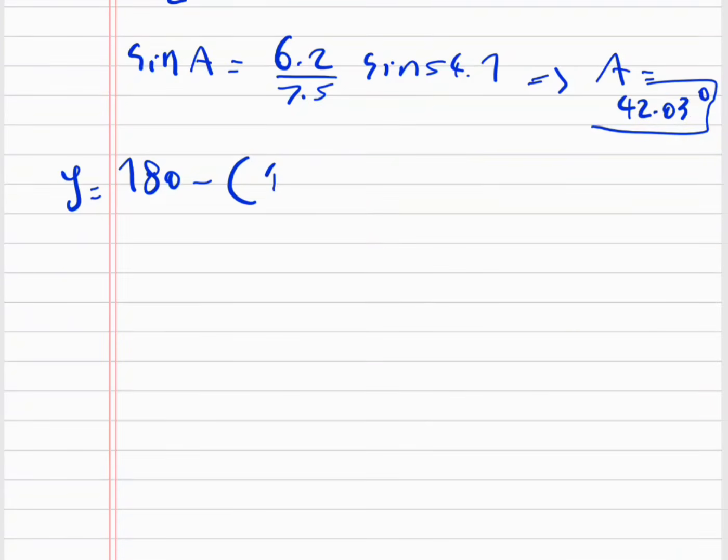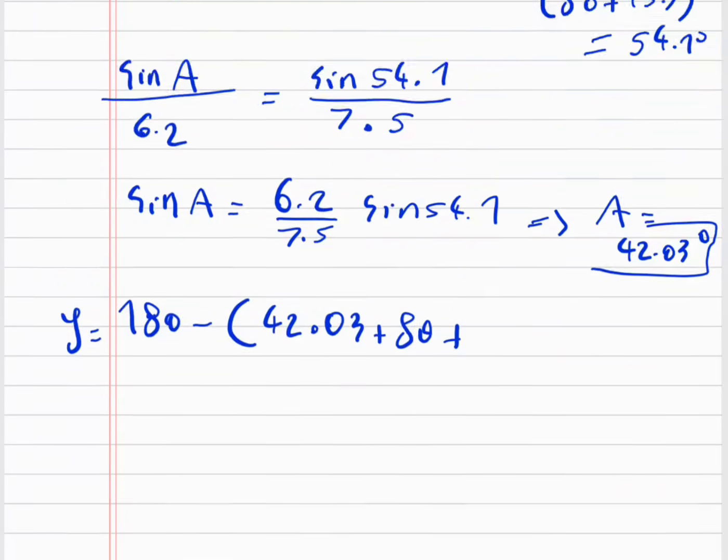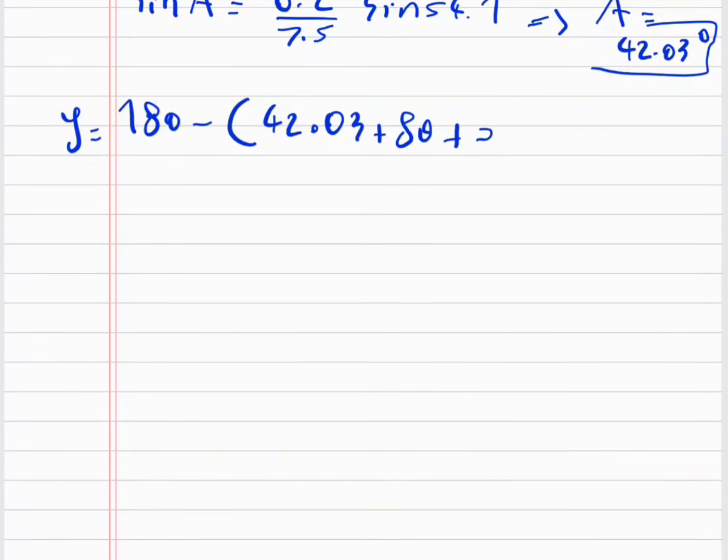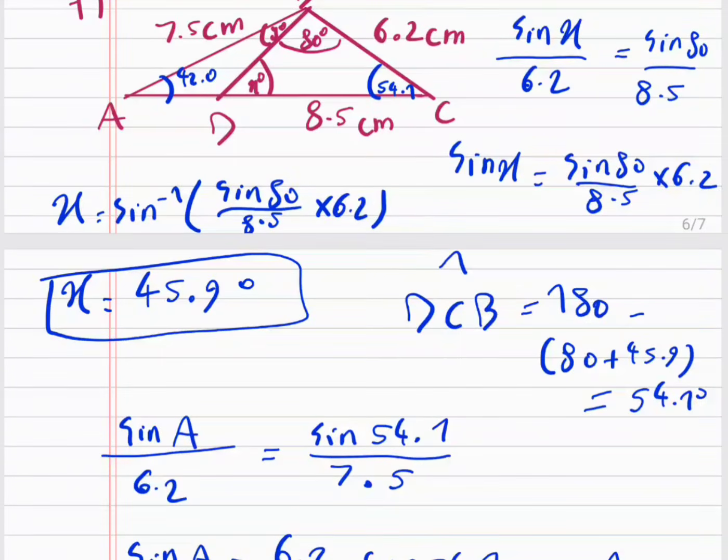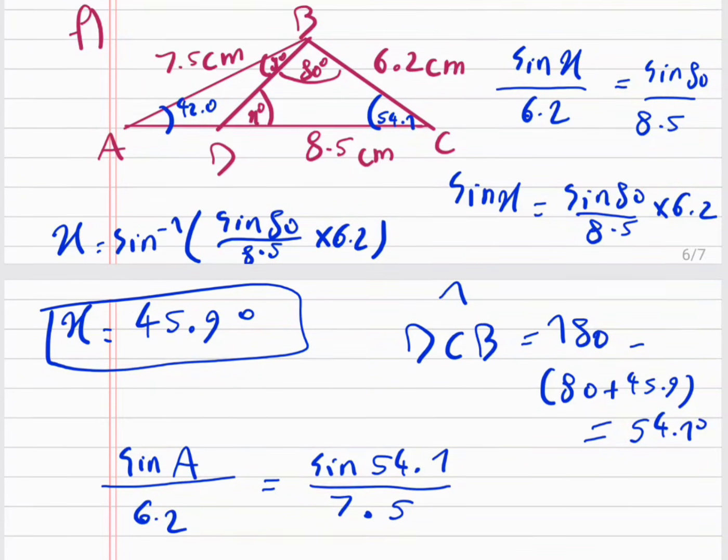So we have 42.03 plus 80 plus 54.1, and we get 3.87 degrees. So that's the size of angle Y, which is very small, and the diagram doesn't really show that, but that's fine because these diagrams aren't exactly like the exact shape.